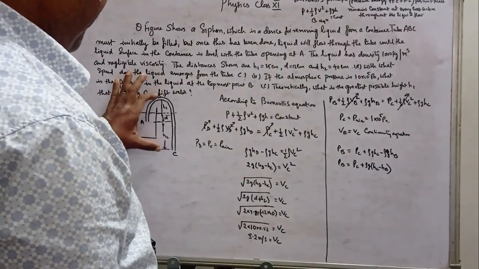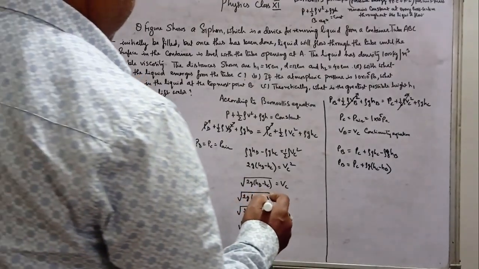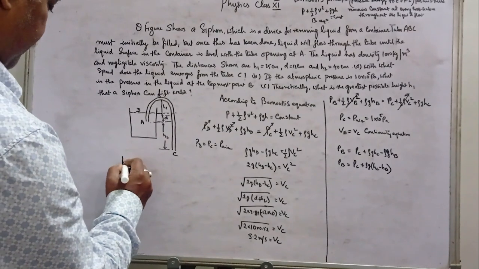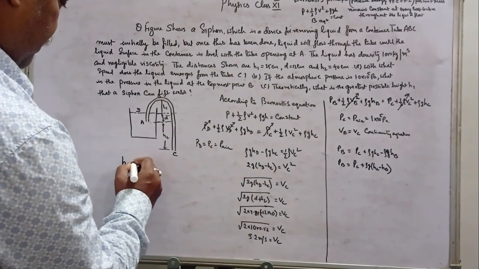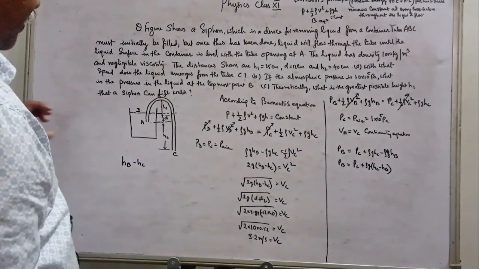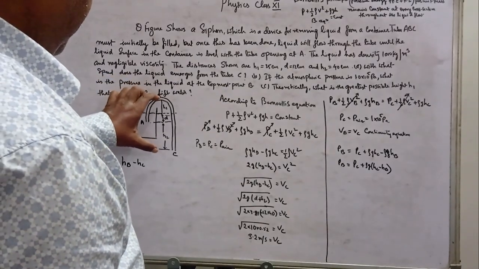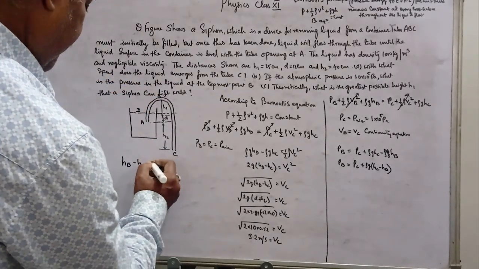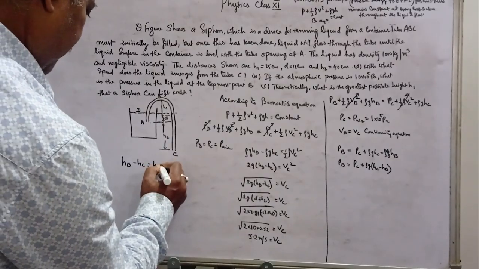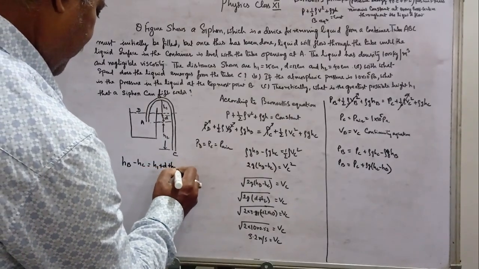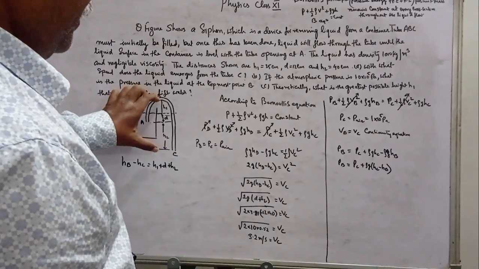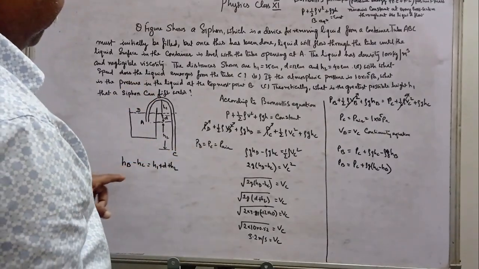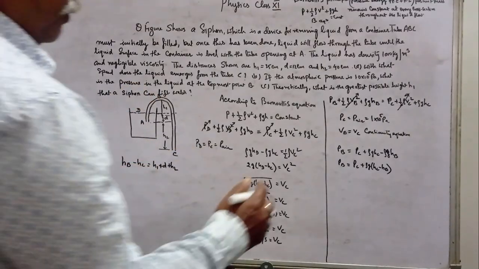This is HB minus HC, which is H1 plus D plus H2. But since here it is HC minus HB, it will be negative.